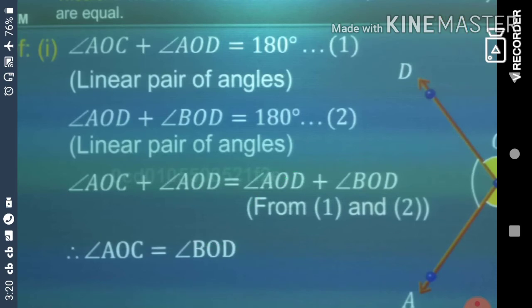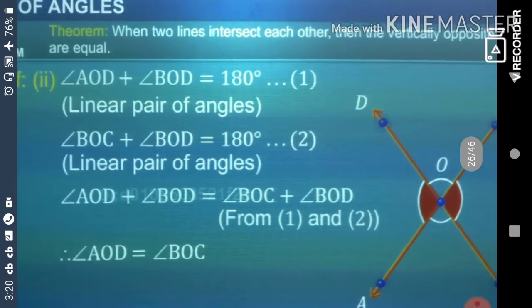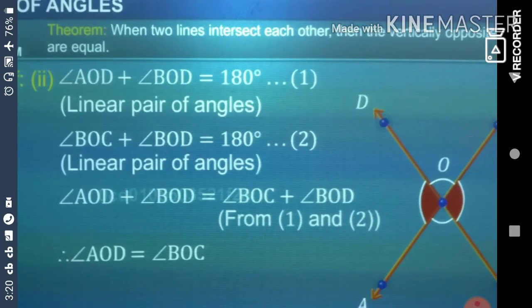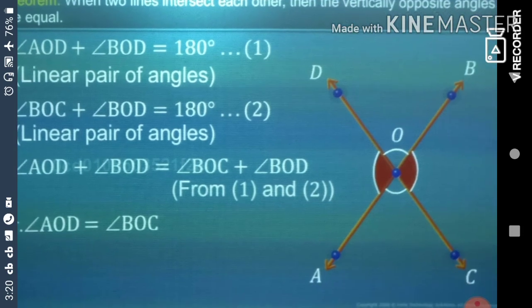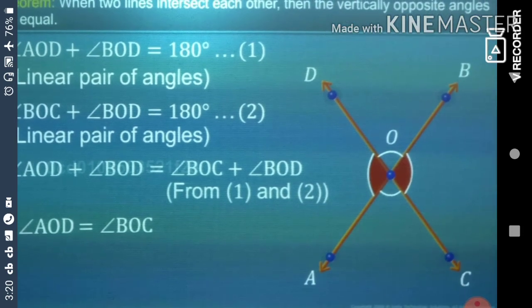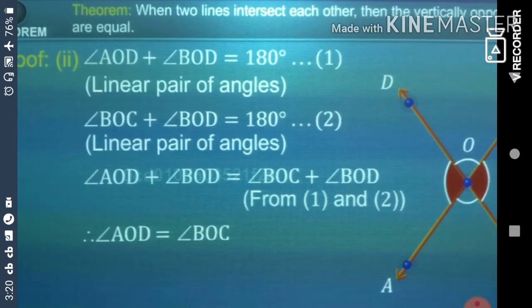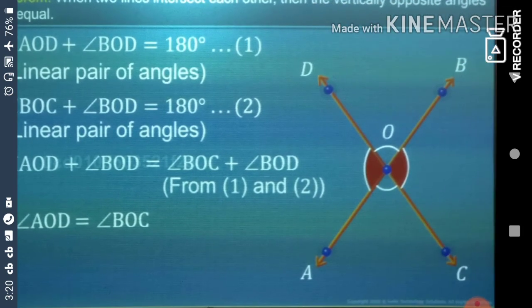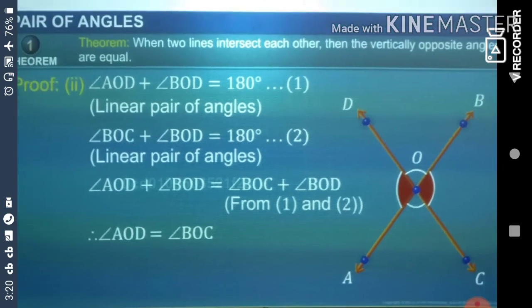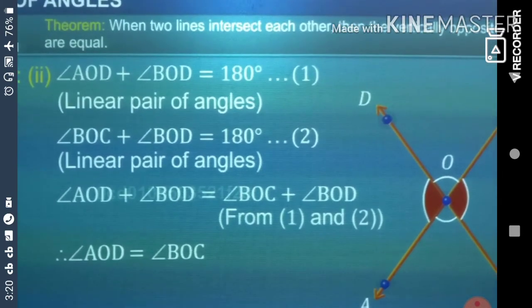In the same way we can prove the second part. Again we apply the linear pair property: angle AOD plus angle BOD is 180 degrees, and in the same way angle BOC and angle BOD, taking line CD as a straight line, is also 180 degrees. Then we take equations 1 and 2, and in the same way we prove angle AOD is also equal to angle BOC.